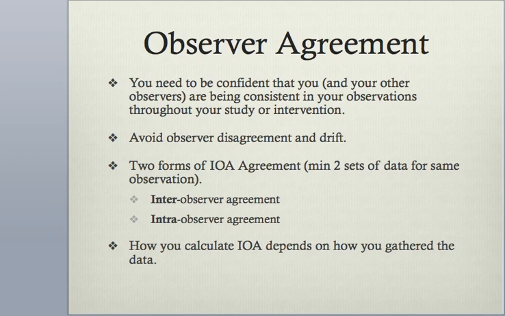And then maybe a week later, while I'm doing other observations, I will go back and check myself. I will record data on that same session again and test myself against myself after a delay.